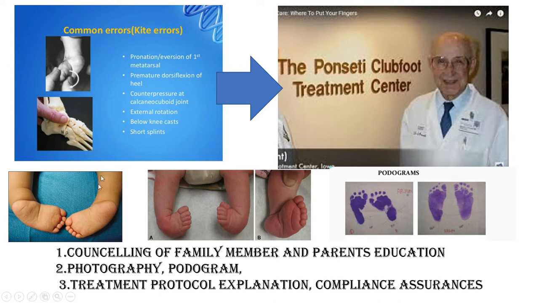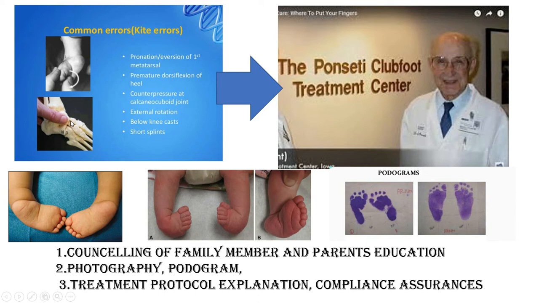When Ponseti did his minimum 50 dissections of stillborn children, he showed that the culprit bone is the talus. If we don't reduce the talus, then all the tarsal bones, all the joints will get locked, and the calcaneum is locked under the talus.